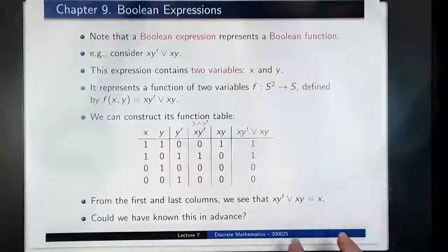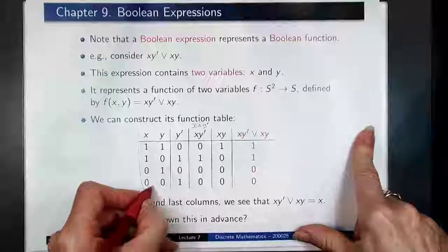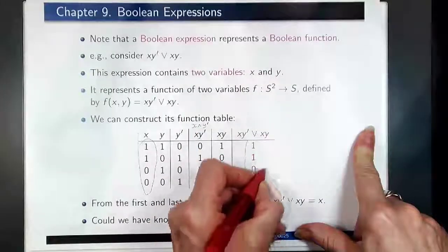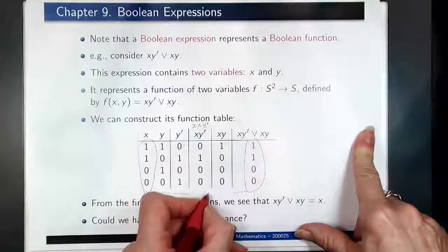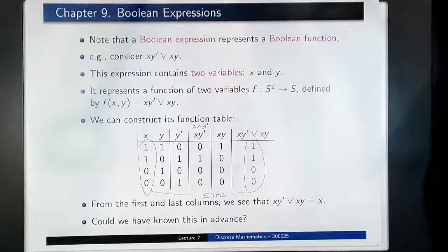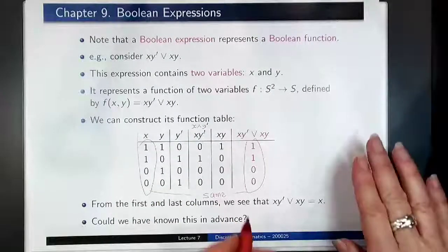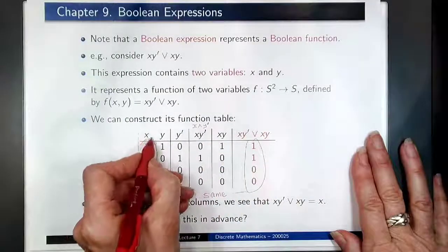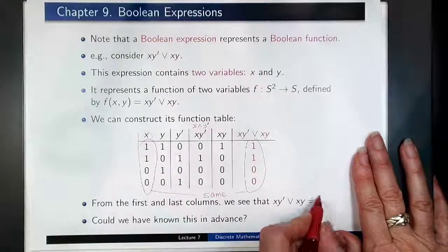Okay, now, look at this. Look at the first column and the last column. They're the same, aren't they? That tells us something. That tells us that this equals x.